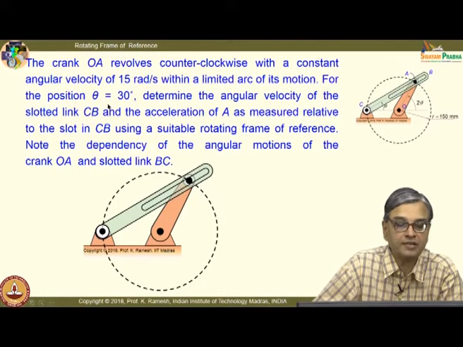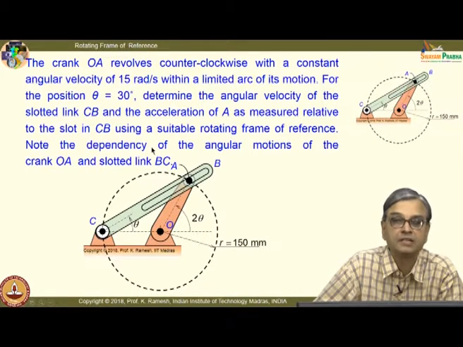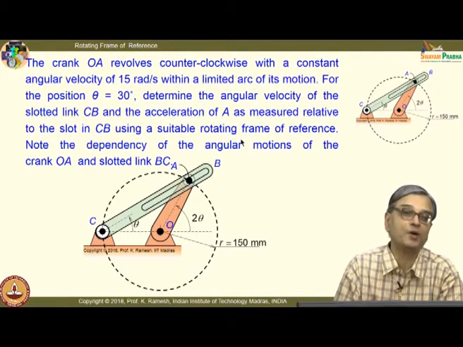For the position theta equal to 30 degrees, determine the angular velocity of the slotted link CB and the acceleration of A as measured relative to the slot in CB using a suitable rotating frame of reference. So, I have to find out the relative acceleration which is asked as part of the problem.